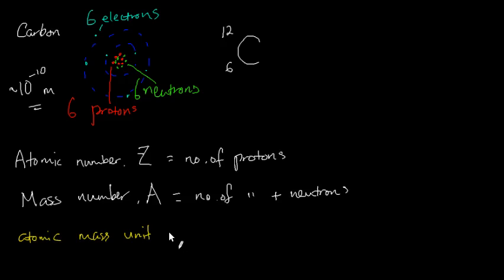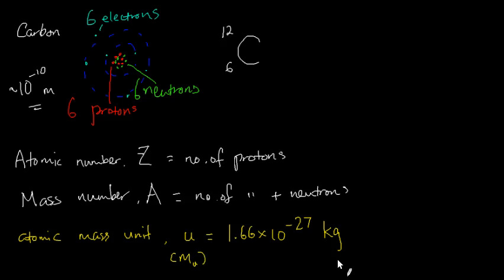Now, the atomic mass unit is often represented by the symbol u, which is equal to 1.66 times 10 to the power of minus 27 kilogram. A tiny number. It's represented by u. Sometimes it's also written as m with a subscript u.